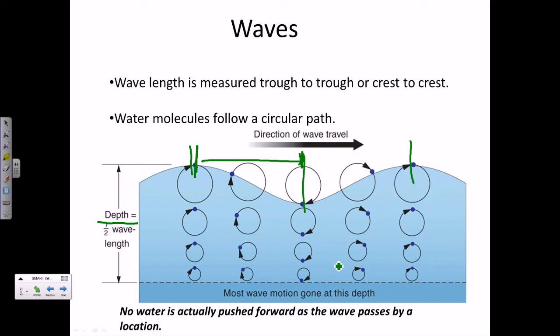In general, waves don't actually move particles in the way that you might think they do. If you were a rubber ducky sitting on the ocean surface, out here, there's our duck.